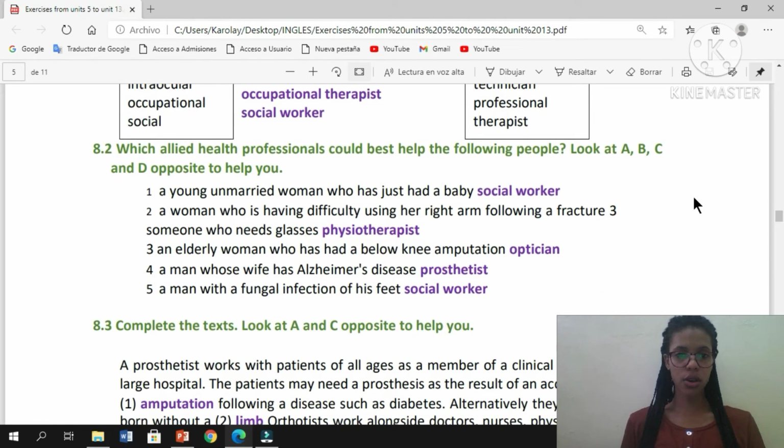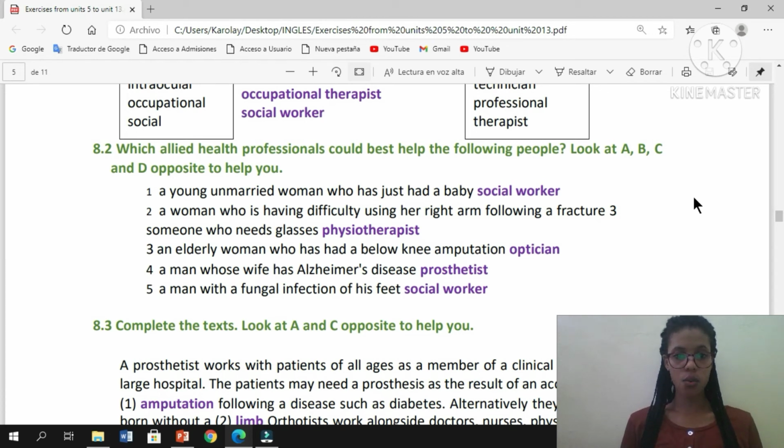A young married woman who has just had a baby. The answer is social worker. A woman who is having difficulty using her right arm following a fracture. Someone who needs glasses. The answer is physiotherapist.